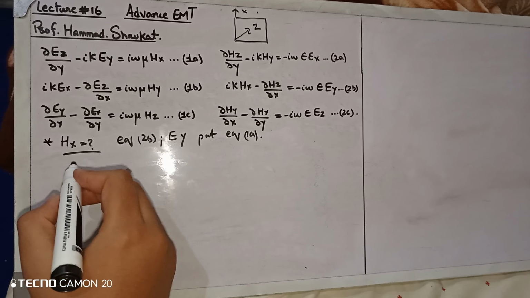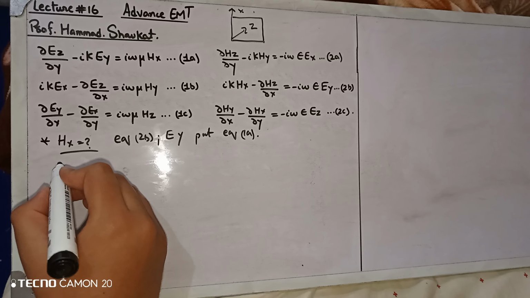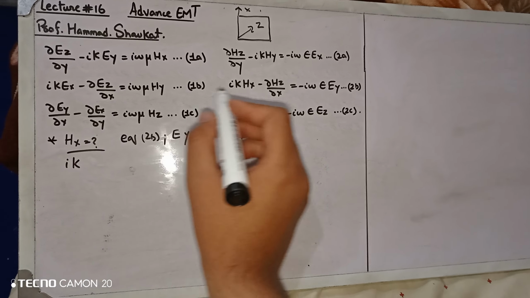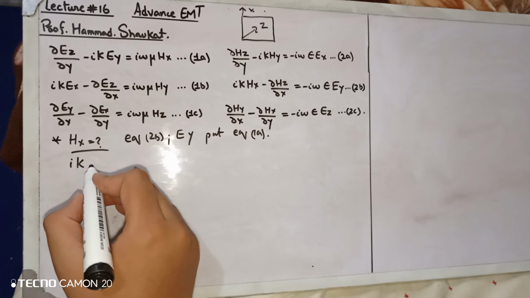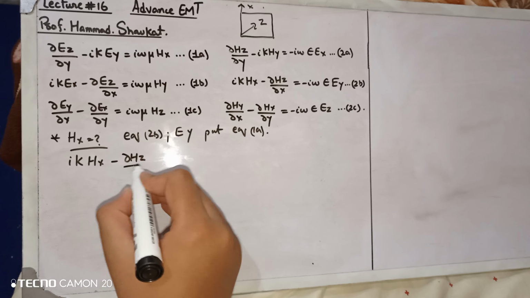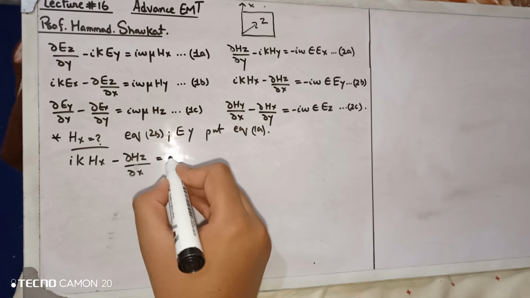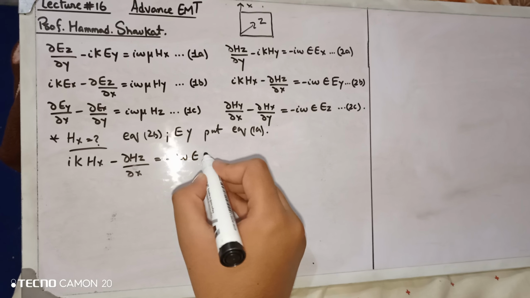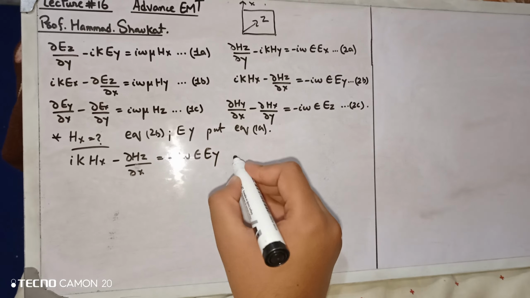So let's start with equation 2b. As you know, equation 2b is iota k Hx minus partial Hz by partial x equals minus iota omega epsilon Ey.